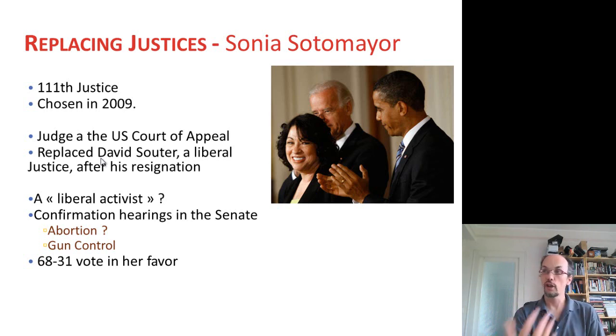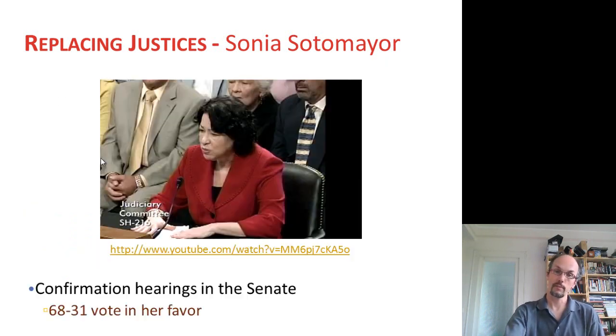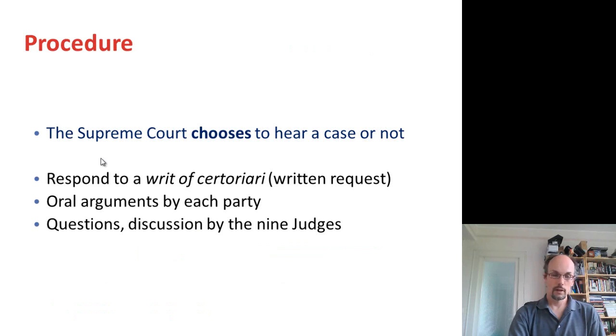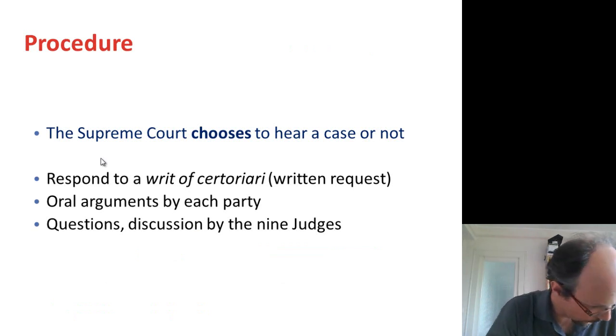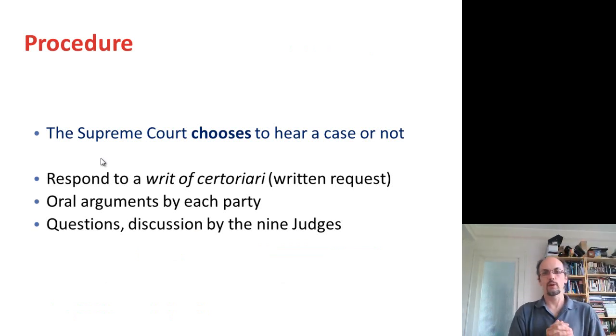She could justify her decisions. She respected the Constitution. I'll put a link on eCampus for you to watch this video of her nomination confirmation hearings in the Senate. So now you know who the members of the Supreme Court are.